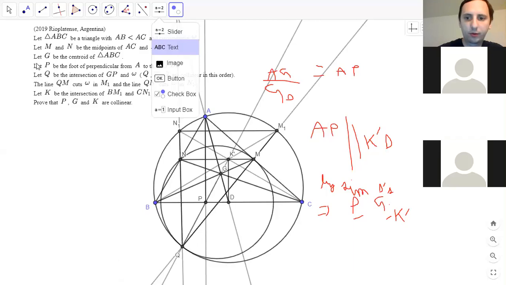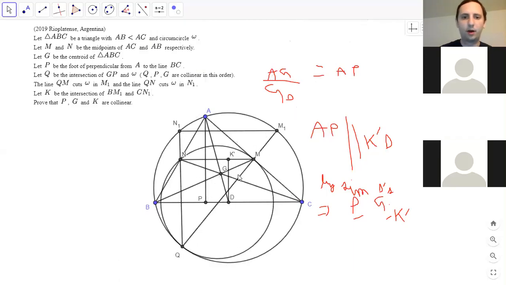Okay, so hold on a sec. We know that CN1 and BM1 intersect on MN. Do we know that K prime is where they intersect? Like, what if they intersected here or here?